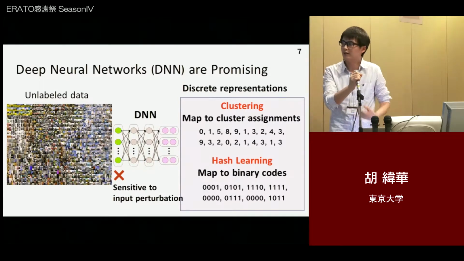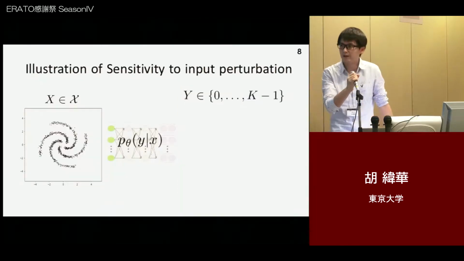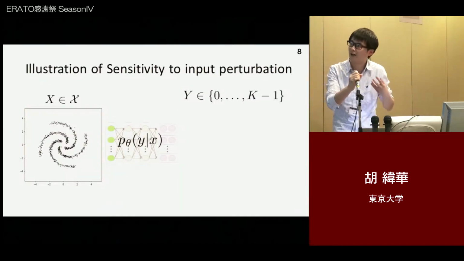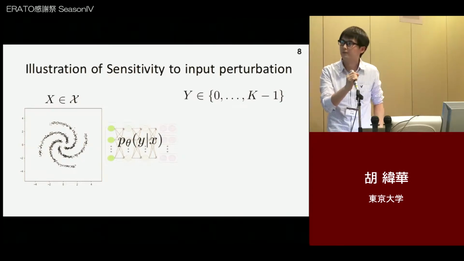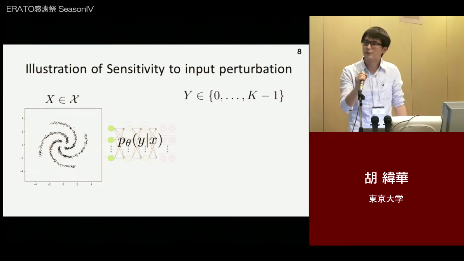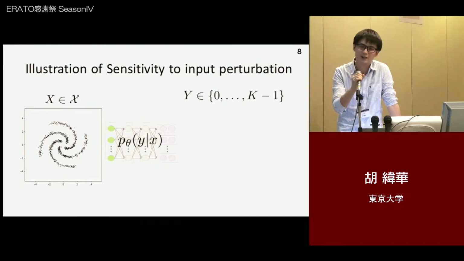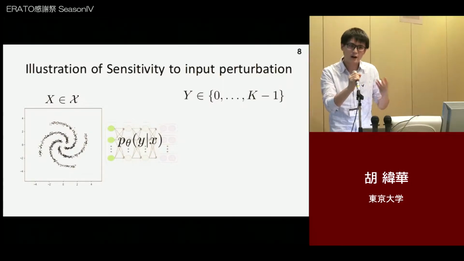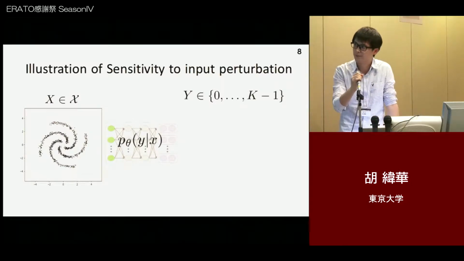So let me illustrate this using a toy data set. So consider this kind of spiral-shaped data set which has this kind of cluster structure, and we want to cluster them. And in particular, our goal is to learn this probability P of y given x that takes the input data as input and outputs the cluster assignment probability.